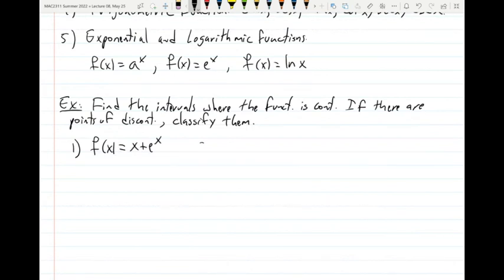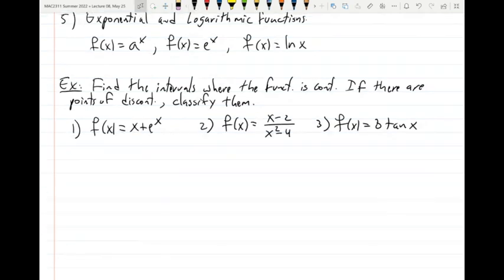All right. So let's do x plus e to the x, then x minus 2 over x squared minus 4. Let's do 3 times tangent.